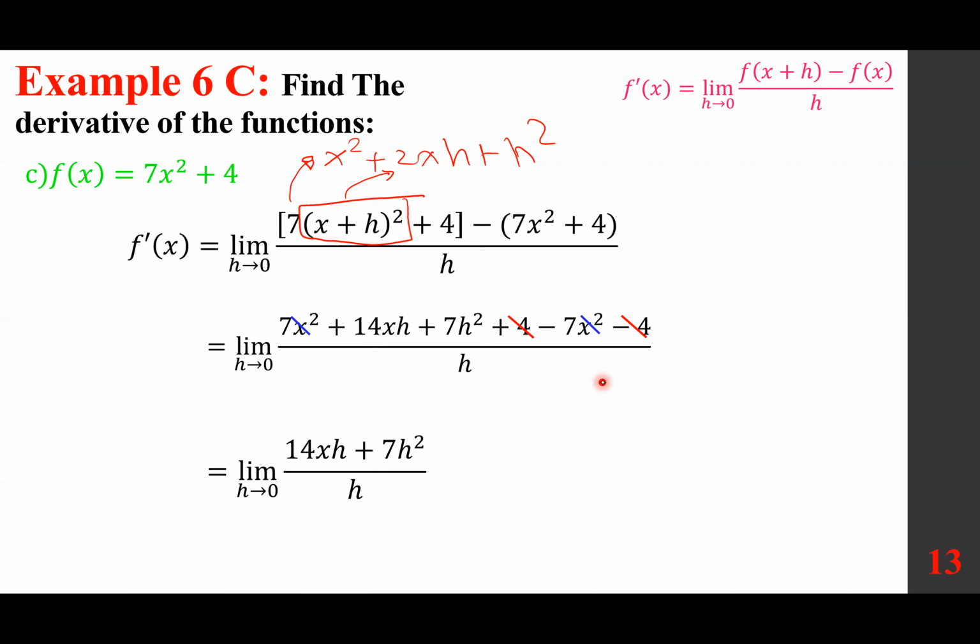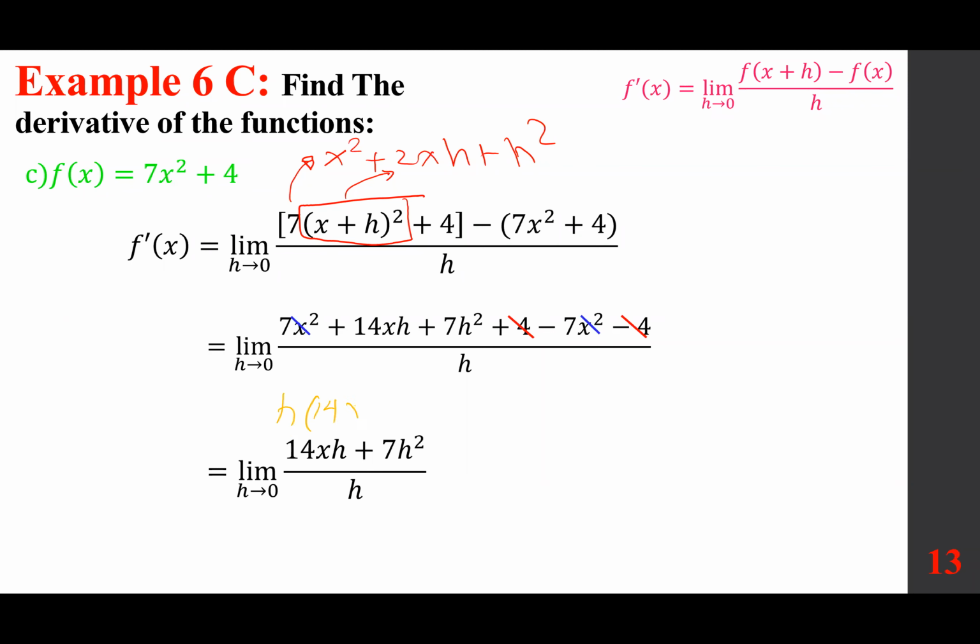So what happens is we can factor out the h. Remember, if I want to factor out, I can factor out 7h, but since the denominator has h, I'm going to just factor out h, class, not 7h. Again, proper factoring really you have to take 7h, but I want to take the h out.